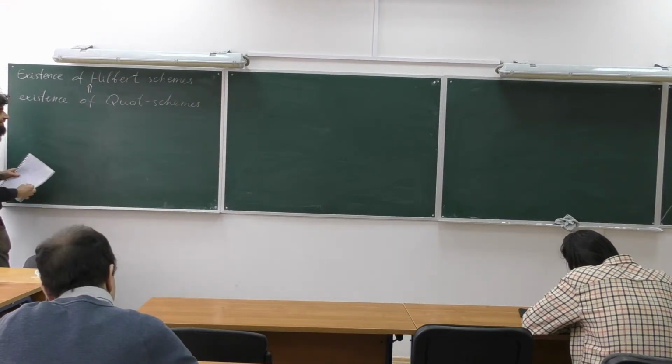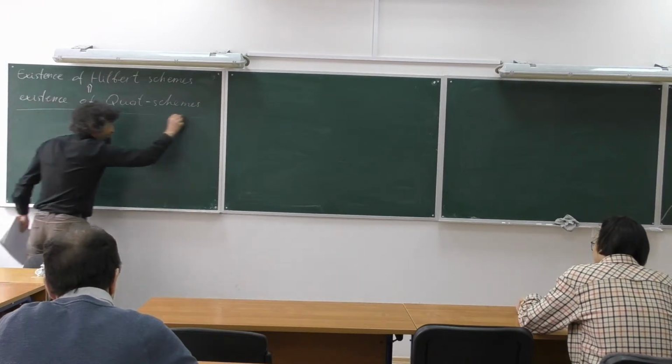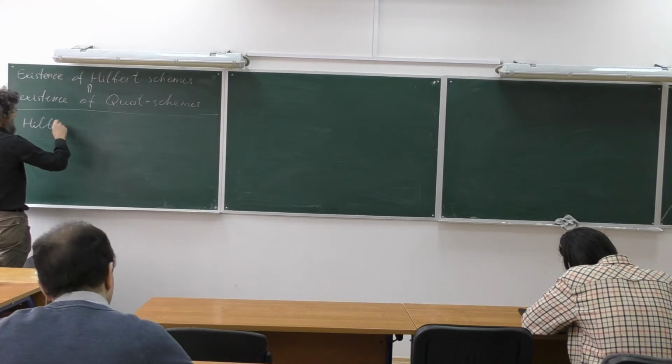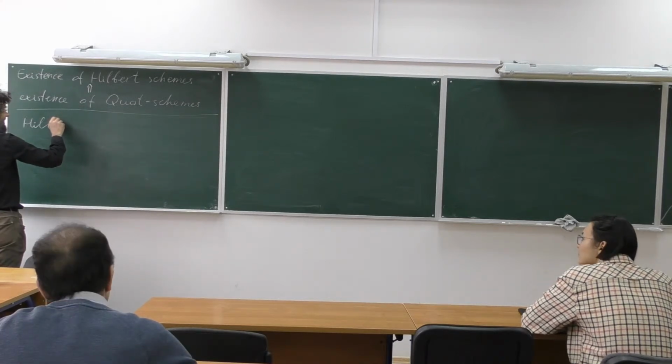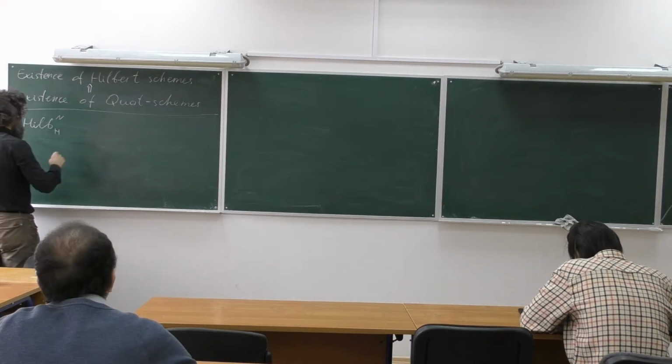And just as a short reminder, the Hilbert scheme depends on, say, n and on some polynomial h, the Hilbert polynomial.